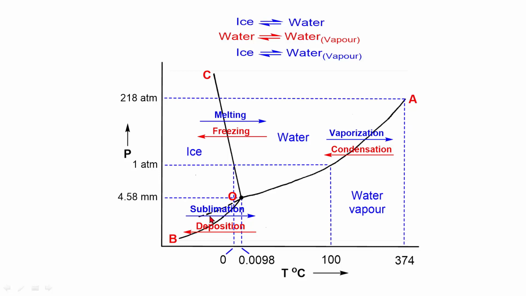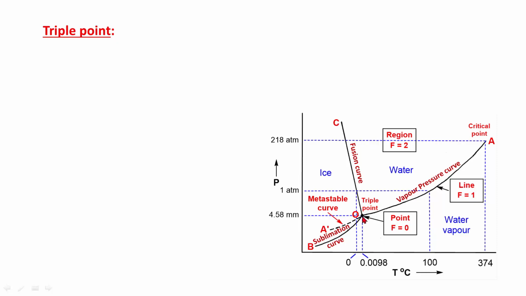Along the line, if we increase the temperature, sublimation takes place. Along the line, if we reduce the temperature, deposition will take place. There is one point, we call it the triple point.